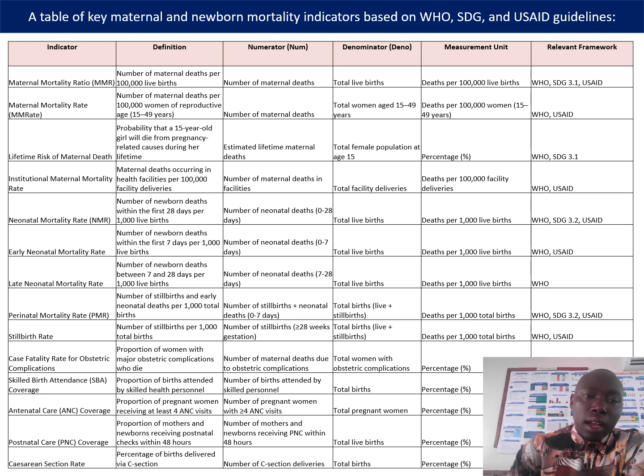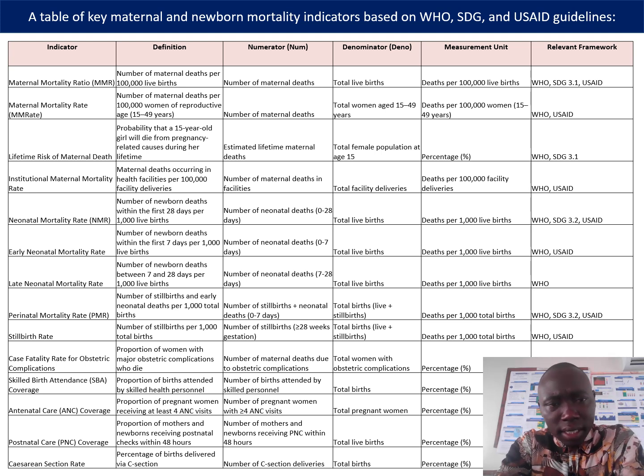I hope this table is clear. I'm going to take a bit of time here so that people are able to understand. This table is majorly the key maternal and newborn mortality indicators based on WHO, SDG, and USAID guidelines.